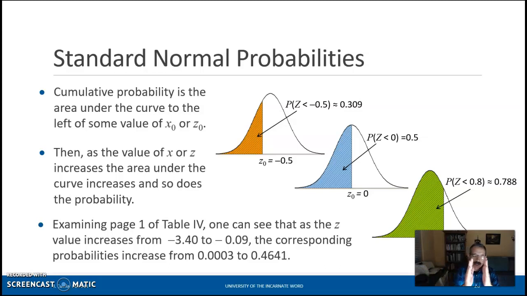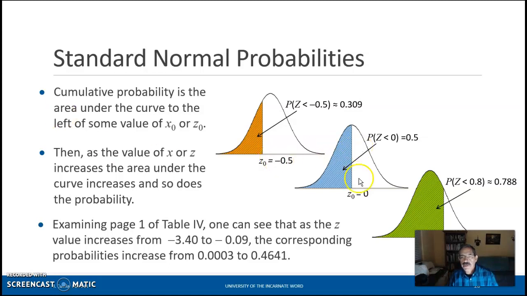Remember, the z values start at negative numbers, then move towards 0 and beyond into the positive numbers, so z is increasing. As z increases, and of course x is increasing as well, the area under the curve keeps on growing. That means the probability keeps on increasing.